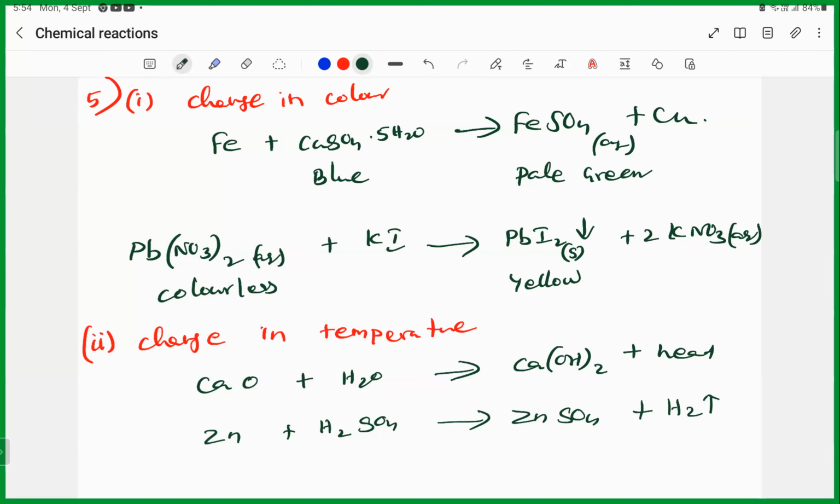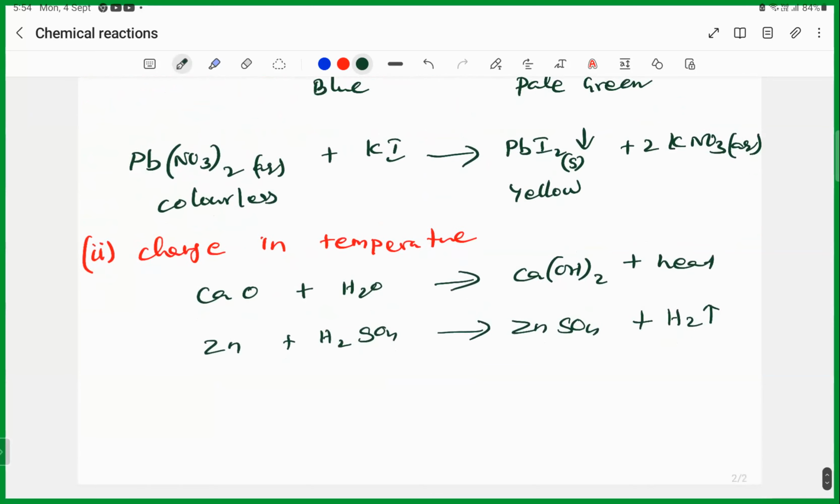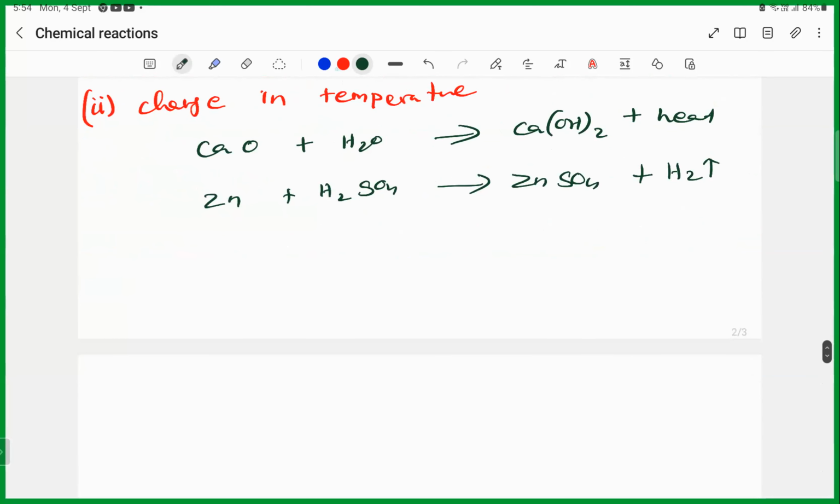Third, formation of precipitate. So barium chloride plus aluminum sulfate gives barium sulfate plus aluminum chloride. Very good.